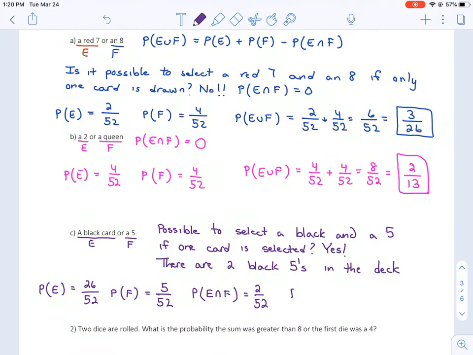So the probability of the union is going to be 30 divided by 52 minus 2 divided by 52, which reduced is 7 divided by 13.